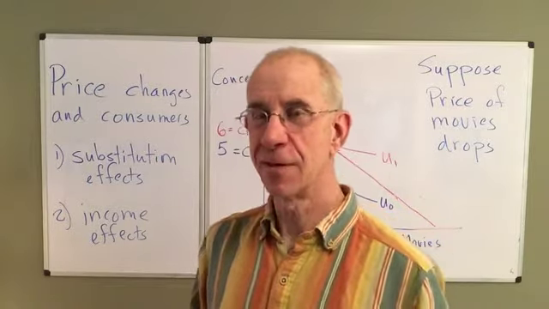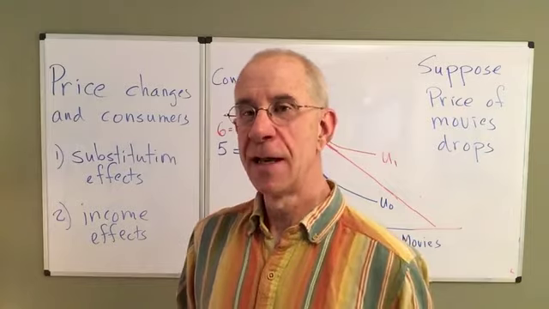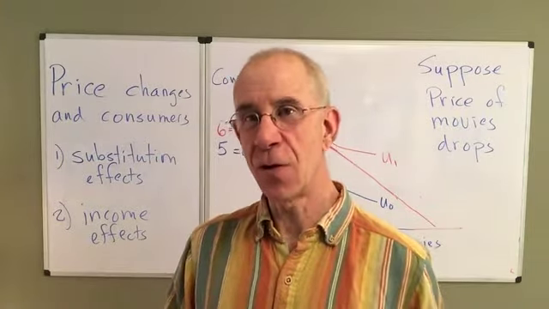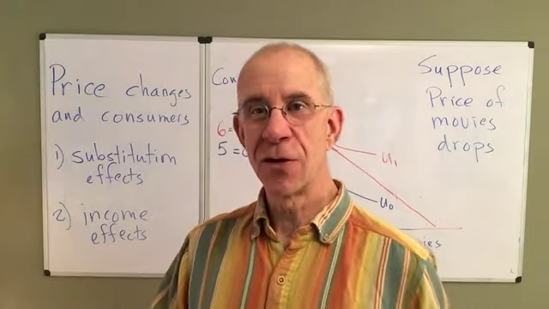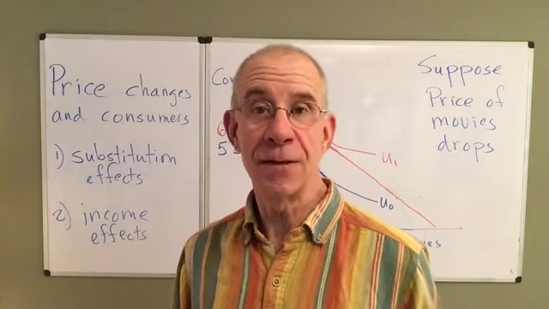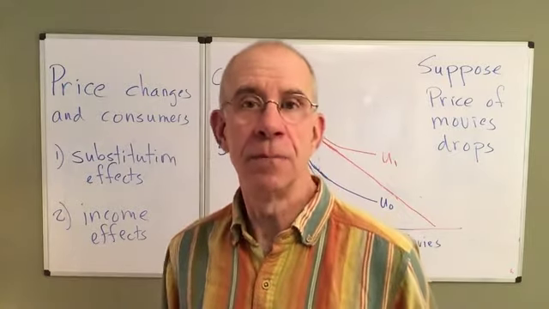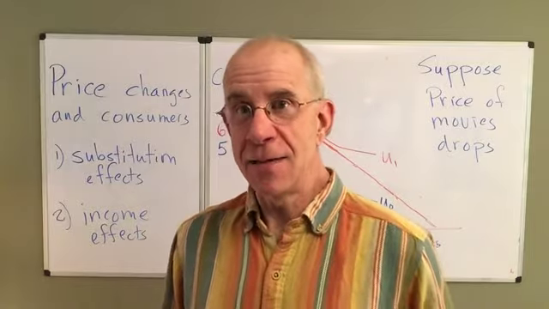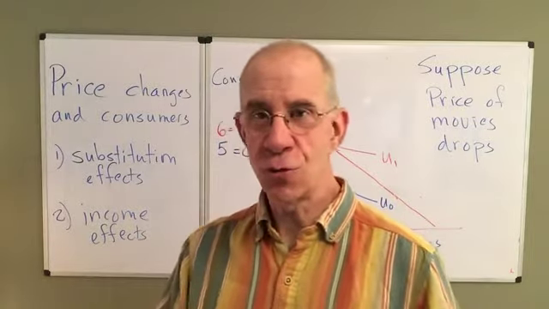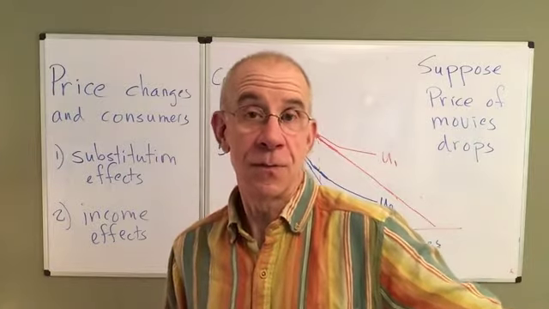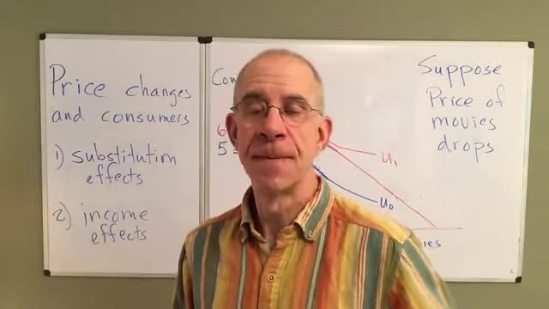But there's another effect going on: when the price of a good falls, your effective income, your purchasing power, has changed. Your income has gone up, in effect, and then you might choose to consume more of the other good because you've got more effective income.